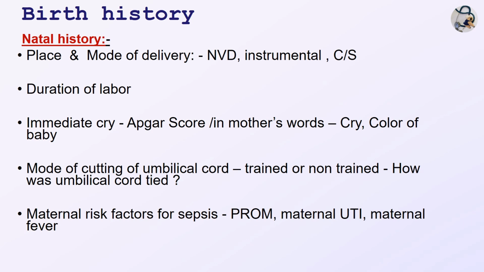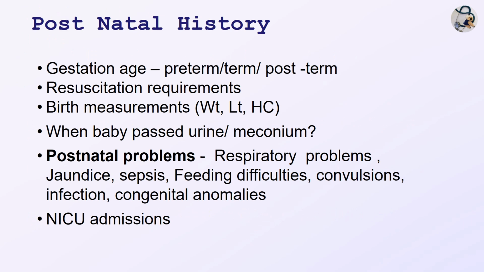Then mode of cutting of umbilical cord, whether it was cut by a trained or non-trained person, how the umbilical cord was tied. Then maternal risk factors for sepsis like prolonged rupture of the membrane, maternal UTI or maternal fever are important. Then postnatally after birth, you should see the gestation age of the child, term, preterm or postterm, resuscitation required.